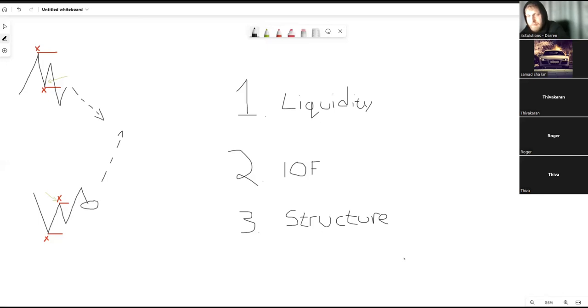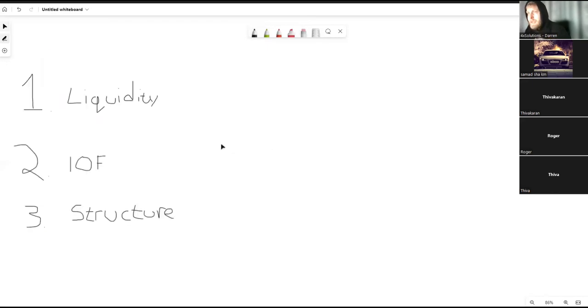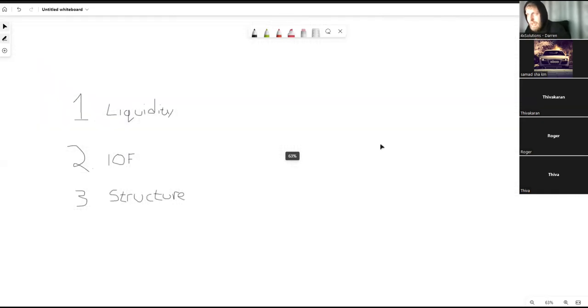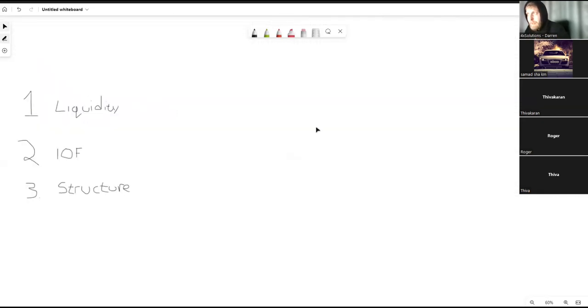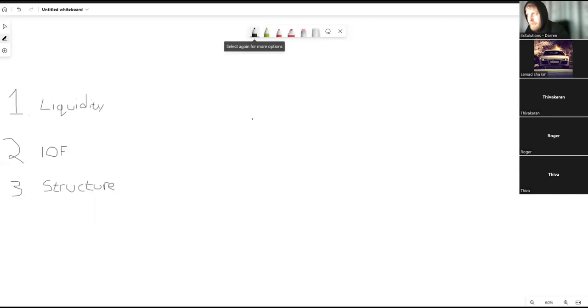Agree. Okay, so if we understand this, and we understand mitigation and breaker, then applying SMT to this nature of price action is actually pretty easy, because all we are going to need is the following. We're going to get a high, and then it's going to make a failure swing like this, and there we go.